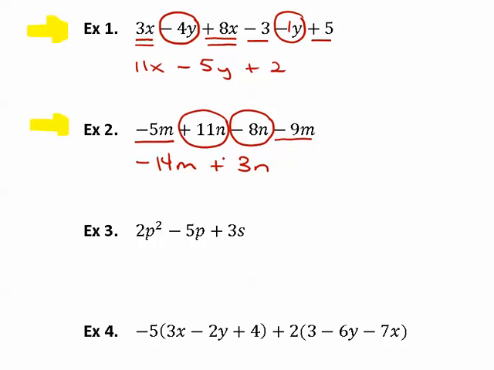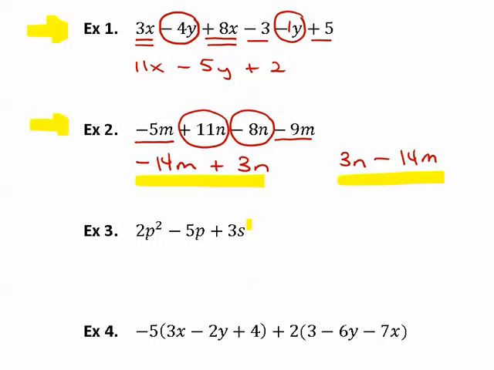Now I'll do this with example number 2 just to show you that it's the same thing here. If we do the n terms first, we're going to have still 3n. If we combine the m term second, that's going to be a minus 14m. I want you to understand that these two expressions that we wrote here are exactly the same. So why are they the same?